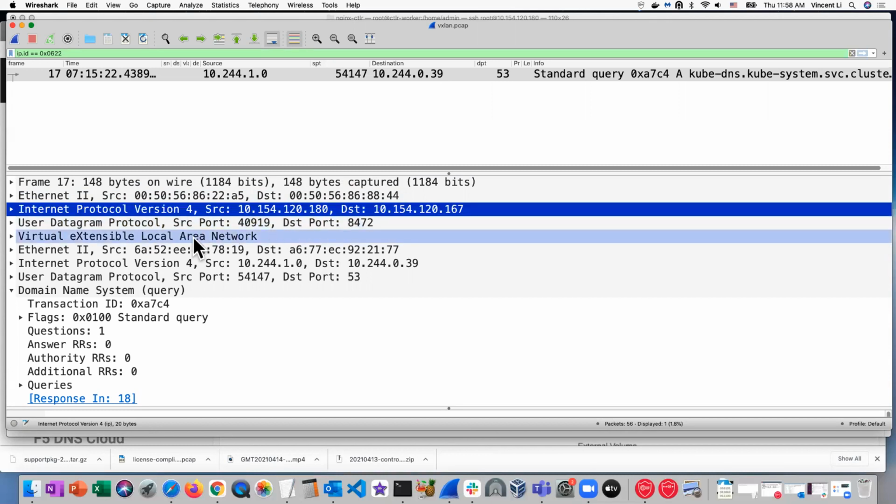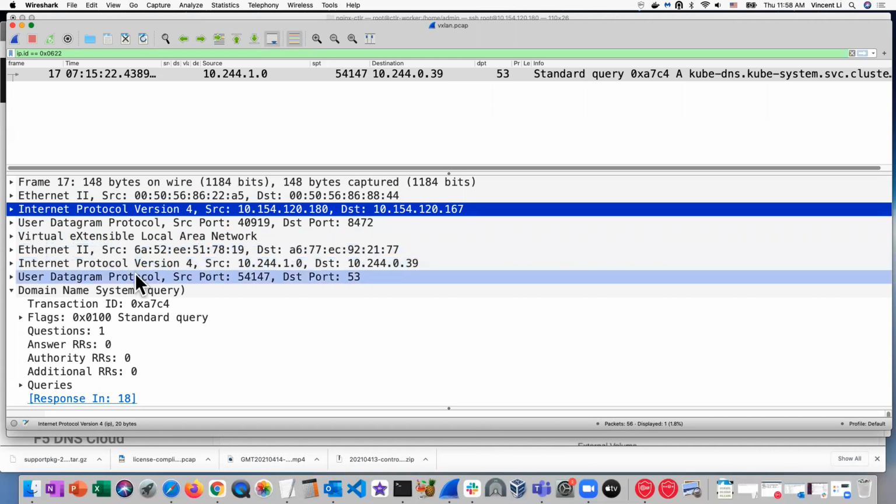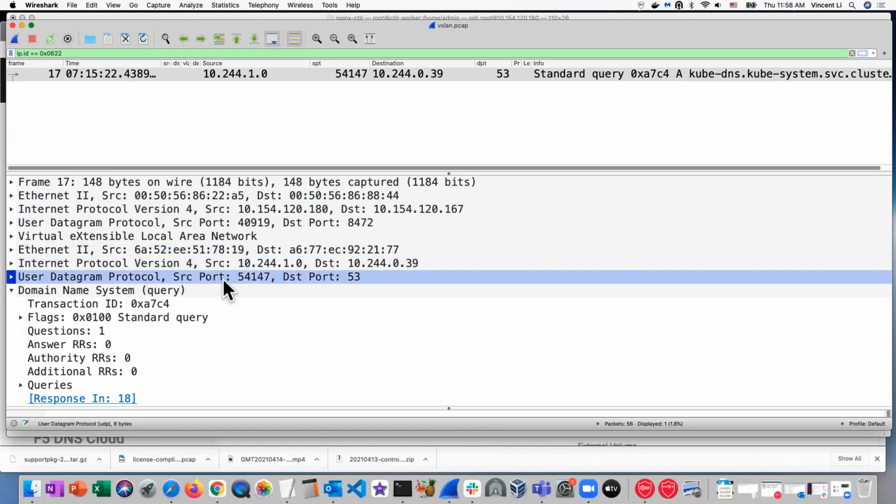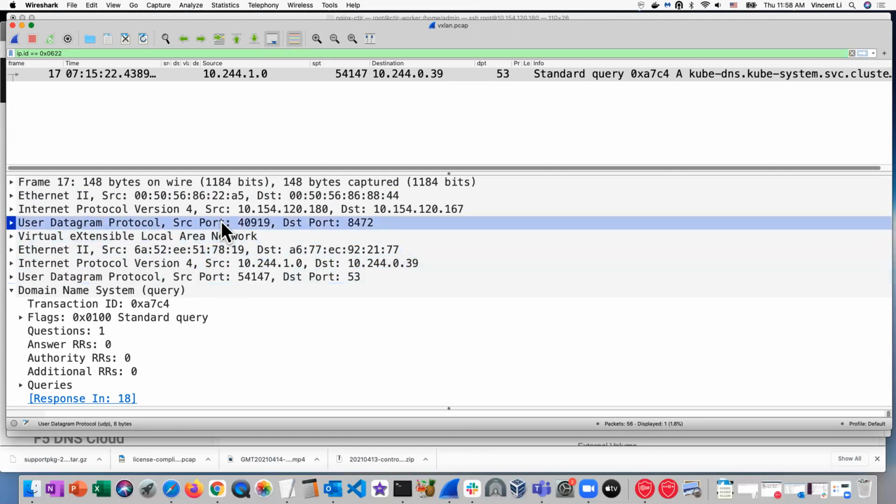And this is the UDP protocol, right? And here is the outer UDP header for layer 4, and the destination port to the localhost node is 8472, right? So what is 8472? The destination port. That's the port for the Linux VXLAN tunnel.